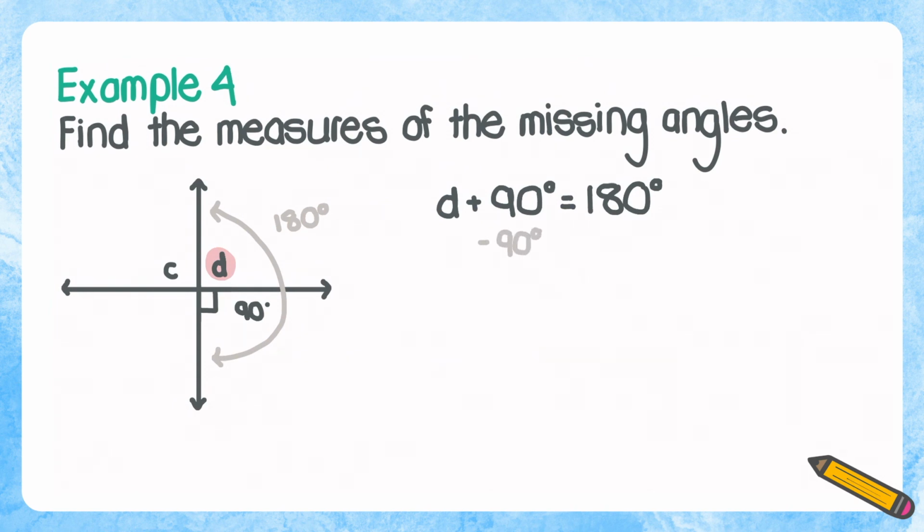I subtract 90 degrees on both sides, and I am left with D equals 90 degrees. So I was able to solve for D using the fact that we have supplementary angles. So whenever an example asks you to find more than one angle, just remember to take it step by step, finding one angle measure at a time.